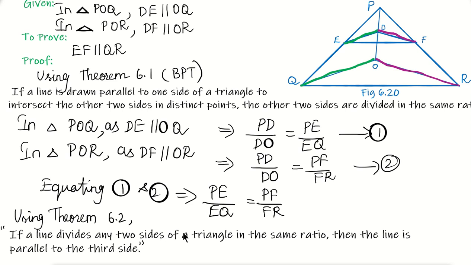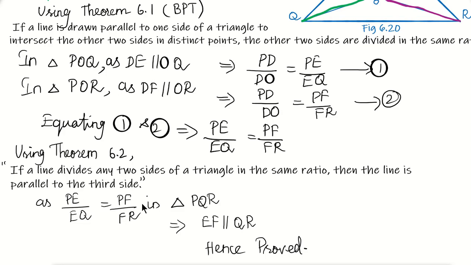If a line divides any two sides of a triangle in the same ratio, any line EF divides any two sides, that is PQ and PR, these are the two sides of a triangle in the same ratio, அதுதான் PE by EQ is equal to PF by FR. Okay, இதுதான் நமக்கு இருக்கிற condition. Then we can say that the line EF is parallel to the third side QR. Hence EF parallel to QR.